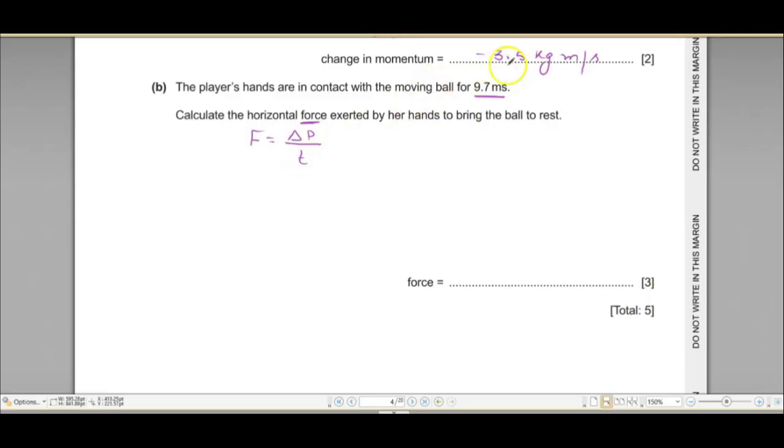Since we have just calculated the change of momentum, we will use this formula, minus 3.5, and this time is in milliseconds, so we have to convert it into seconds. So 9.7 times 10 raised to the power minus 3 seconds. So we are going to write that down over here, and we will get an answer of 360 newtons. Right?